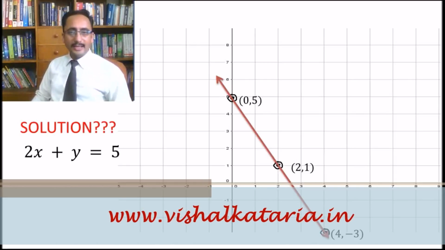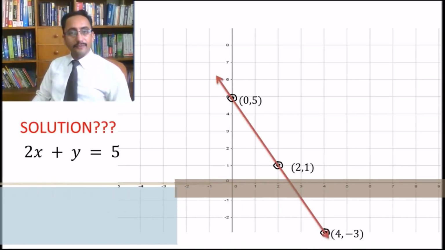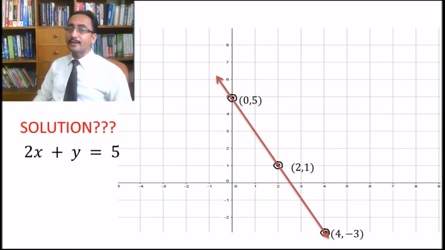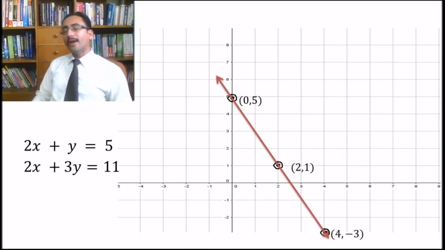So any single linear equation will have infinitely many solutions, and all the points which lie on that line are solutions of the equation.